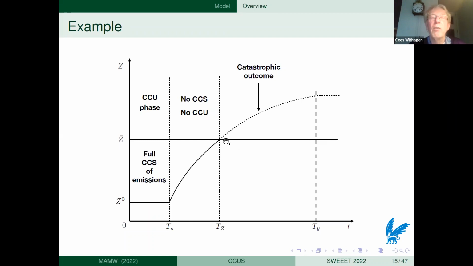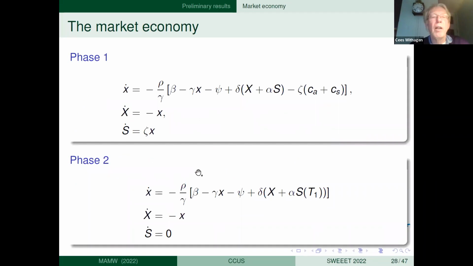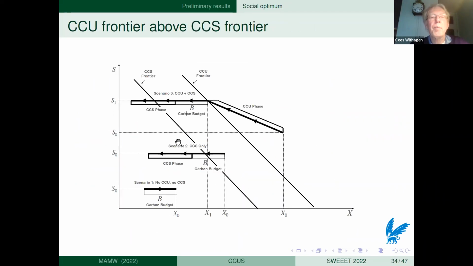Of course, we know that is going to be an optimum if the initial stock is very low or relatively low compared to Z bar. Okay, and this gives us a relationship between S and X. So this is the CCS frontier. It means that if we are to the left of this frontier, there will be CCS. If we are to the left, sorry, if you are to the right, there will be CCS.